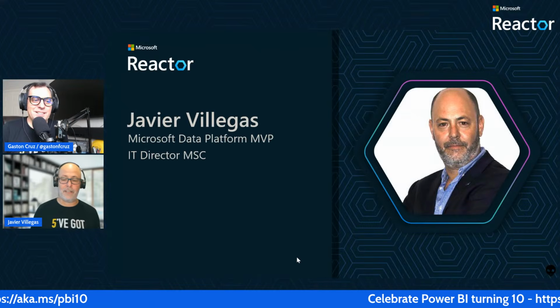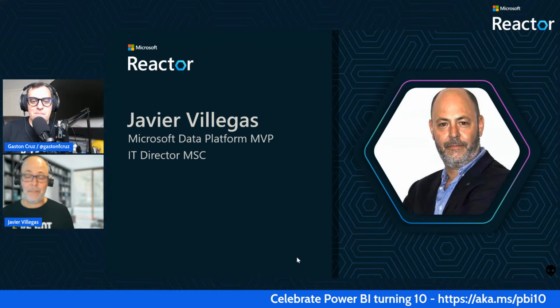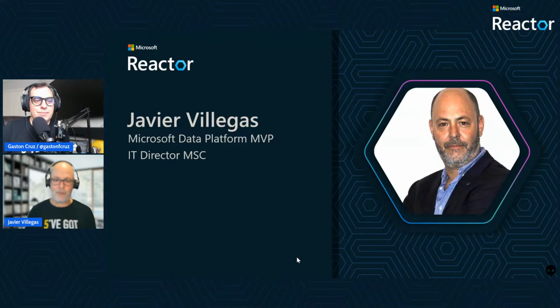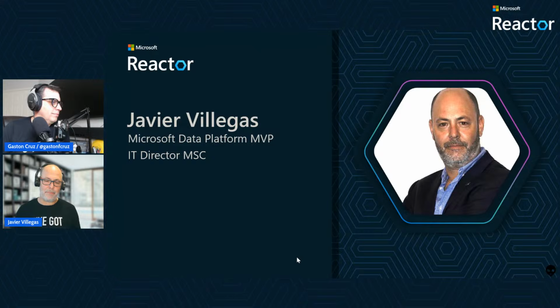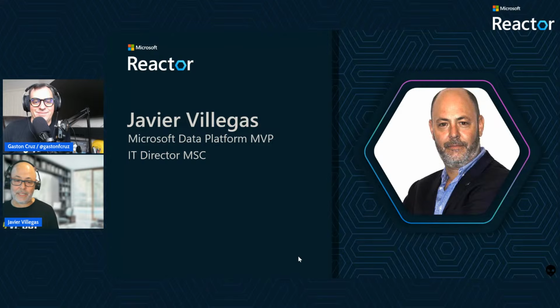Switching back to you, Javi. Excellent. Thank you, Gaston. A little bit about myself. My name is Javier Villegas. I am from Buenos Aires, Argentina. I have been a Data Platform MVP for 9 years, and I'm also IT Director in the DBA and BI services area at the Mediterranean Shipping Company.